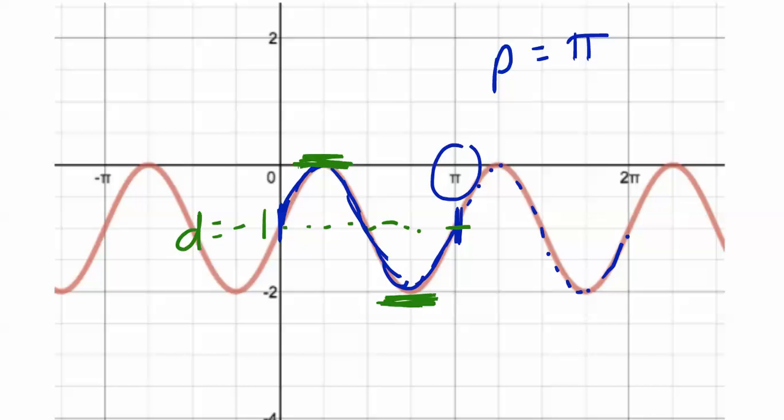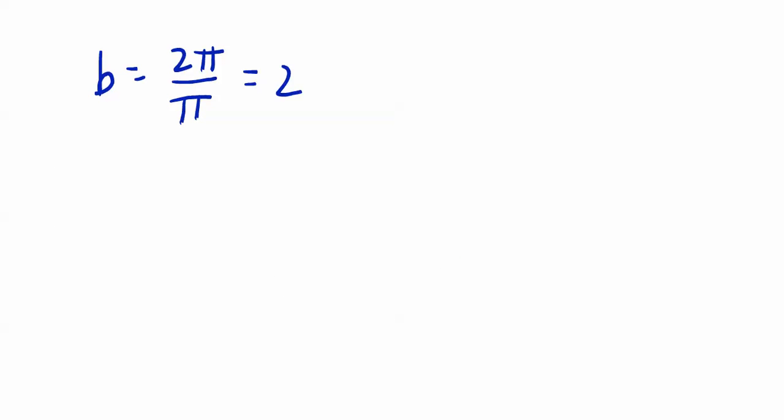And then remember, the A is the distance from the midline to the max. So when I go from -1 up to 0, I'm traveling 1 unit. So A is 1. Okay, so I know A is 1 and D is -1. All right, let's write that down. A equals 1, D equals -1.